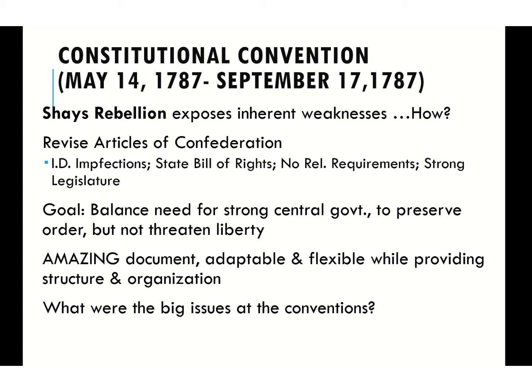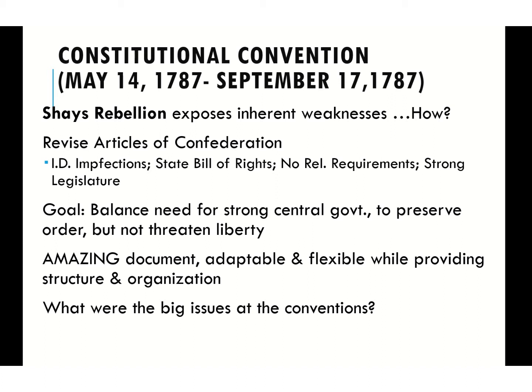Certain states were taxing others. Certain states were stopping trade. So it really became different. 13 different currencies was causing inflation. Money was becoming worthless at this point in time. So there was a lot of things going on when the Constitutional Convention finally rolled around in Philadelphia in May.